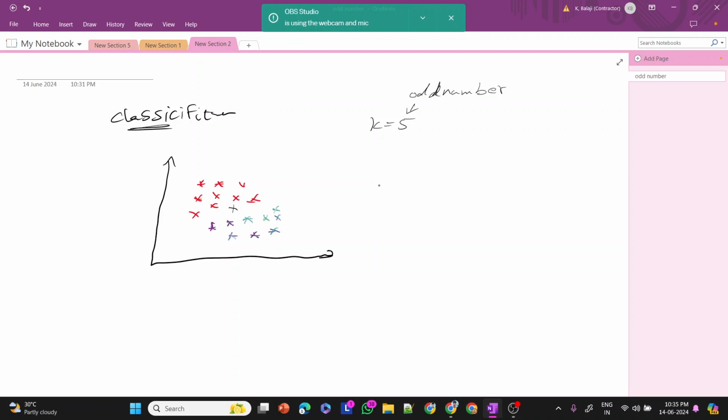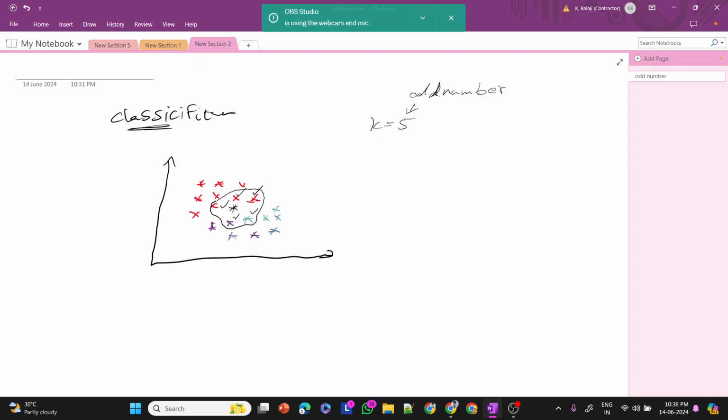For example, here is the new data point, we set k as 5, so this algorithm will find the first 5 nearest points. This is the new point, so the nearest 5 points are this one and this one, this one, this one and this one. These are the 5 points that are nearest to the new point.